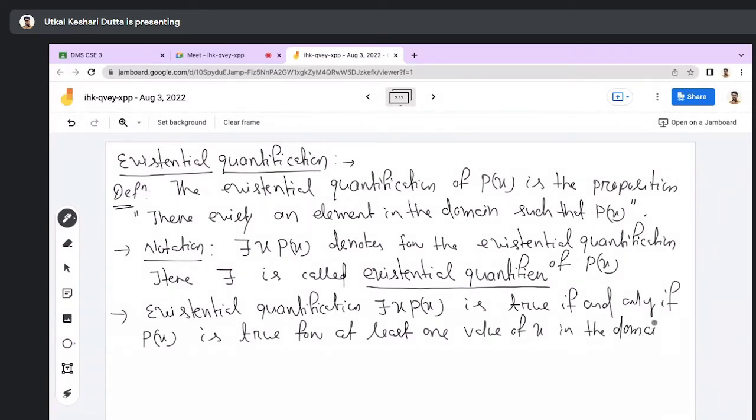Very simple. Whatever the given domain, in that domain just find an element x, at least one element, for which P of x is true. Then you can say that there exists x P of x will be true. Only one element is required.